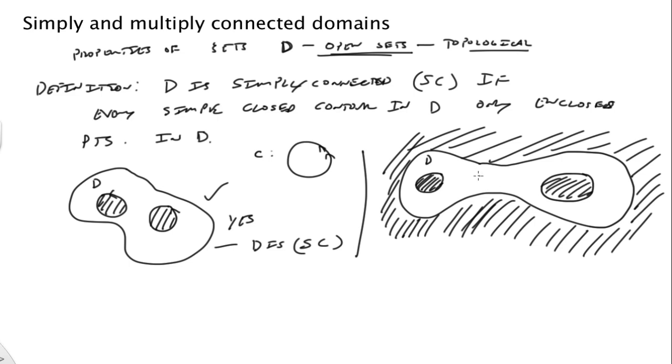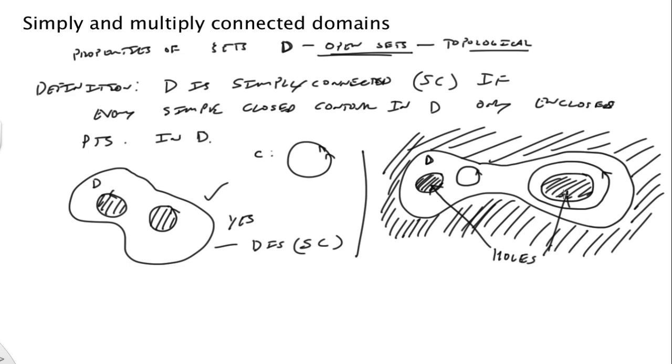Now I want to test this set out. I want to see, is this set simply connected? The idea is that I have to be able to find a contour. If I put a contour there, clearly it's enclosing points that are only in D, so that's okay. But if I go over here and I draw this contour like that, now I'm actually enclosing one of the holes. I'm going to point those out. Those are holes.